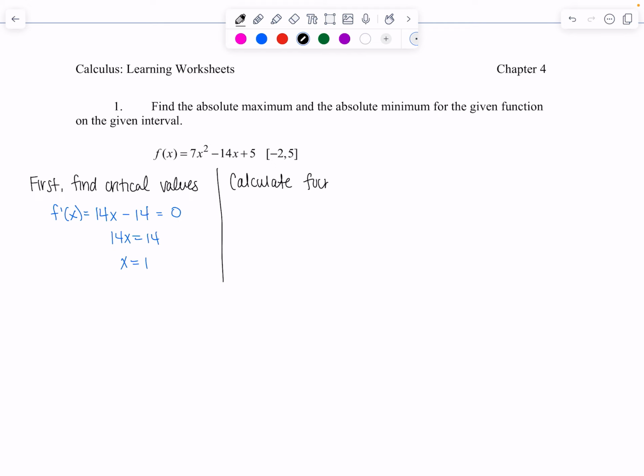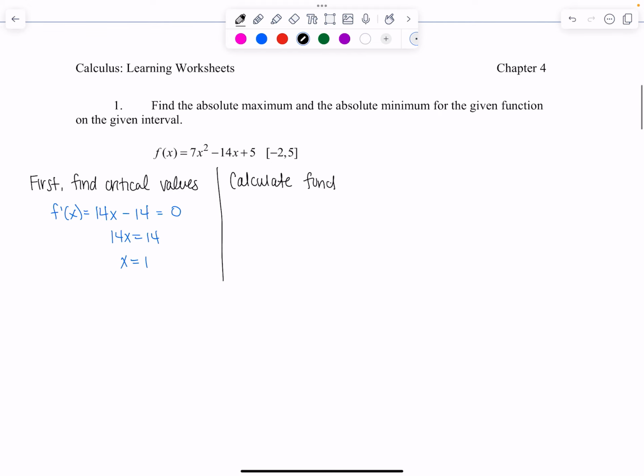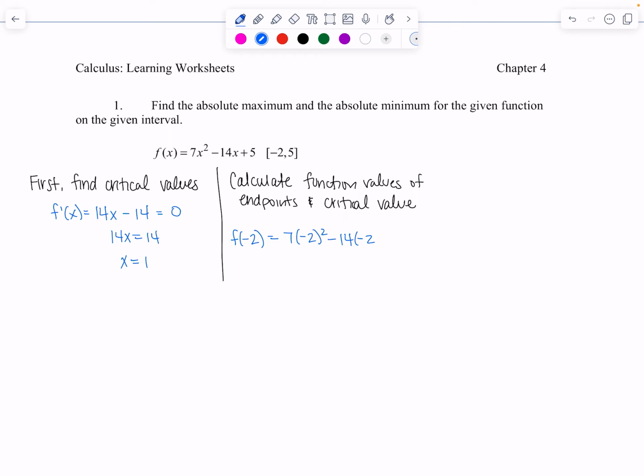Let's calculate our function values. The endpoint was -2, so we'll find f of -2. We have 7 times -2 squared minus 14 times -2 plus 5. That will give us 28 plus 28 plus 5, 61.